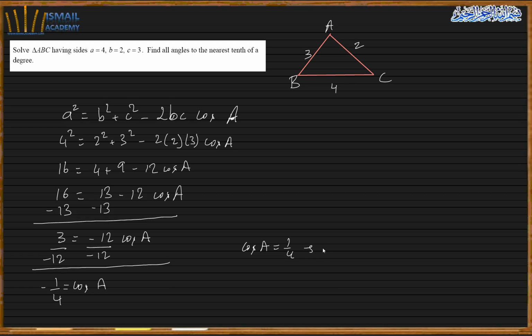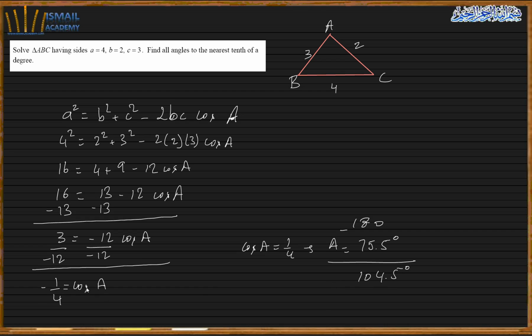If I use the calculator with 1/4, I have 75.5 degrees, but I'm looking for an obtuse angle. This is acute, so what I do here is subtract from 180. So I will end up having 104.5 degrees as the measure of A.